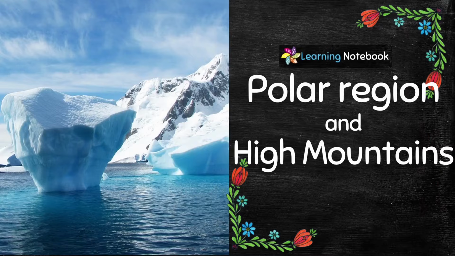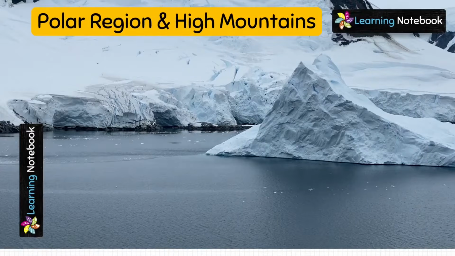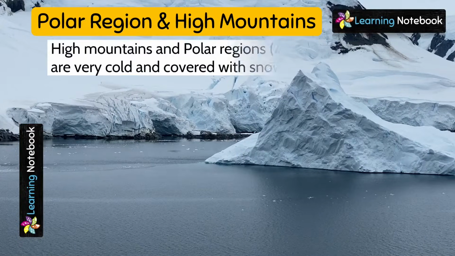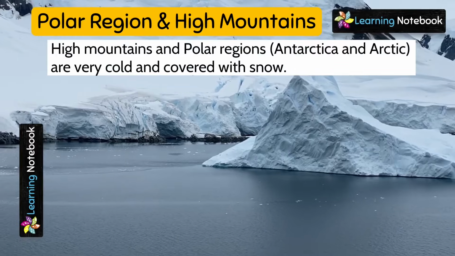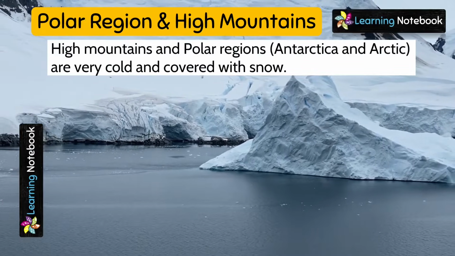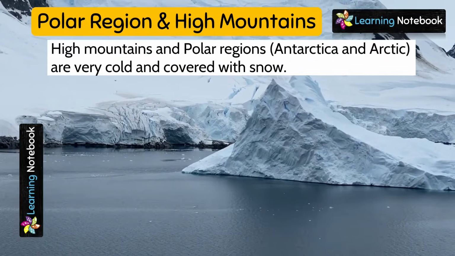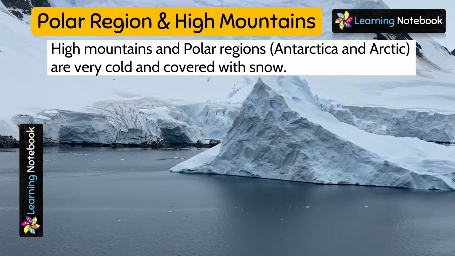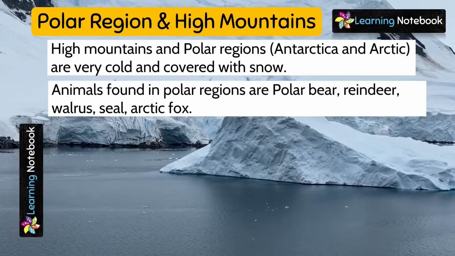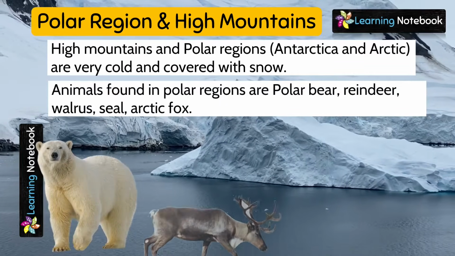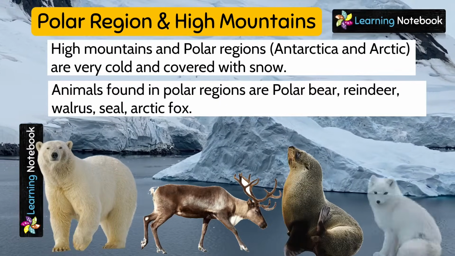Now the next type of habitat is polar regions and high mountains. Polar regions include Antarctica and Arctic. These are very cold and they remain covered with snow almost all year round.